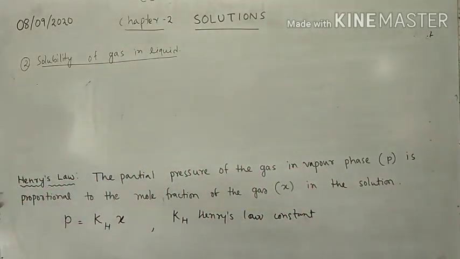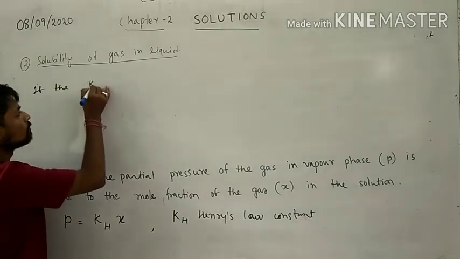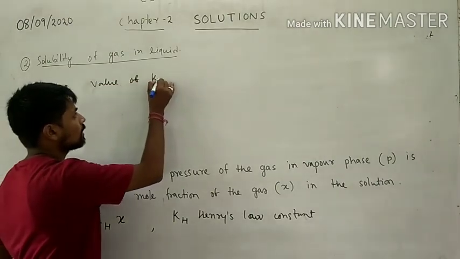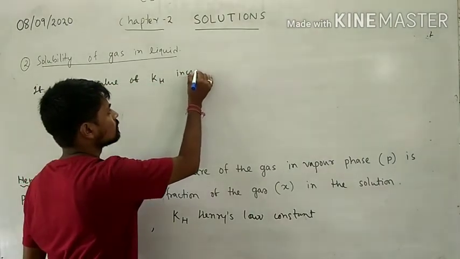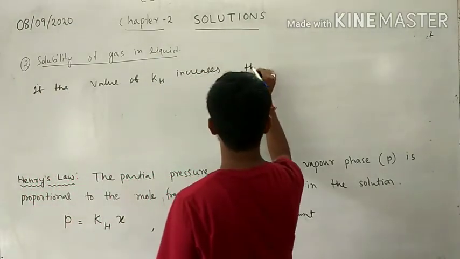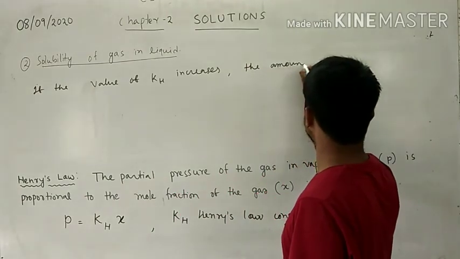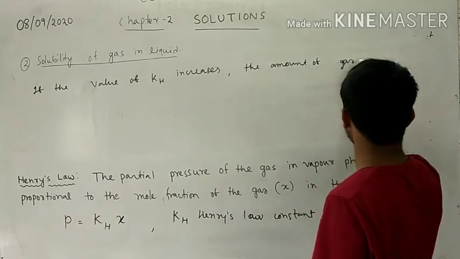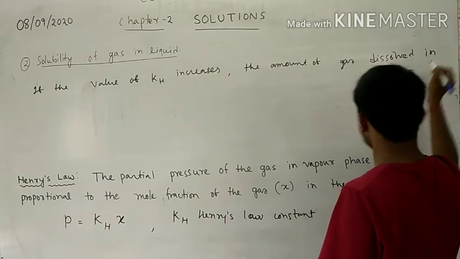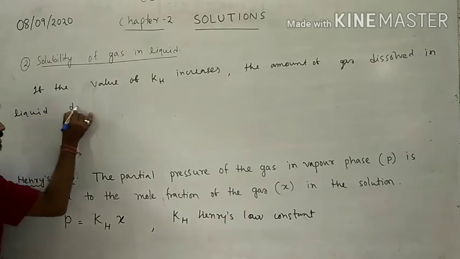So here we can write, if the value of KH increases, then the amount of gas dissolved in liquid decreases.